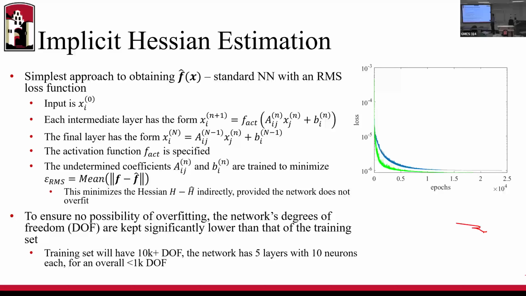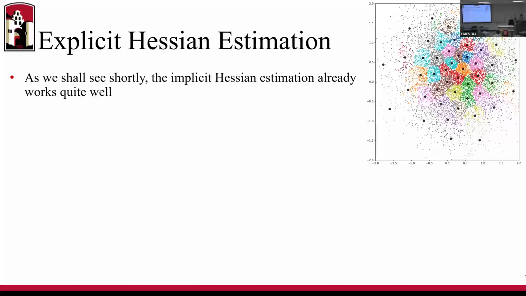That is the point where the network starts overfitting. Here, because we have much fewer degrees of freedom, that is not going to happen. Okay, so that is one way to estimate the Hessian implicitly.